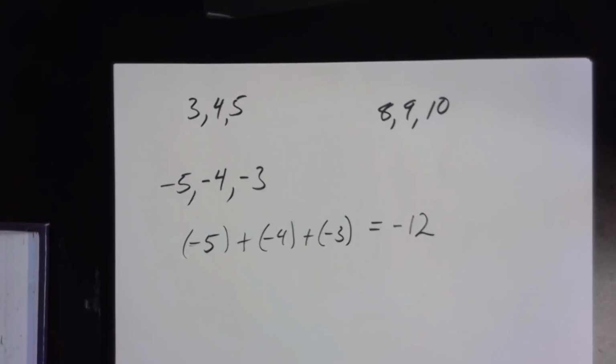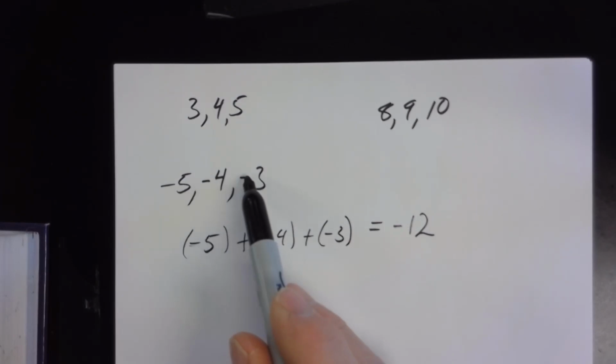But maybe instead of saying greater, I could say the sum of the three consecutive integers is further from 0 than any of the three individual ones. That would be saying its absolute value is greater than any one of the three absolute values.